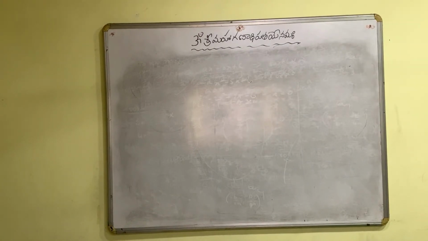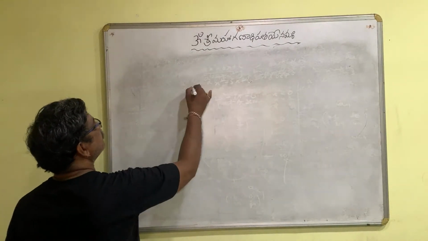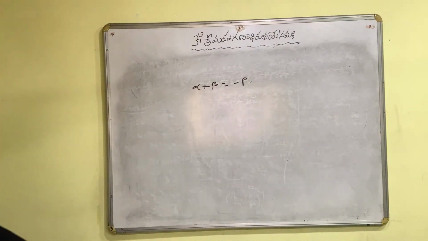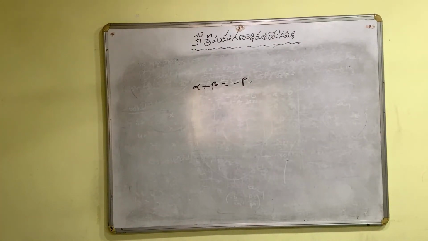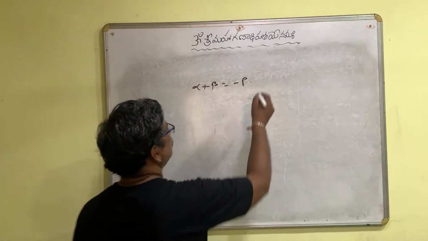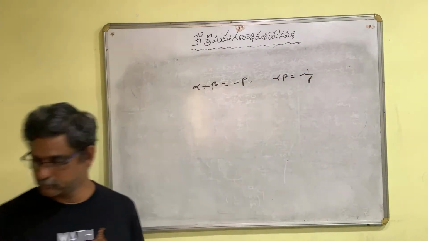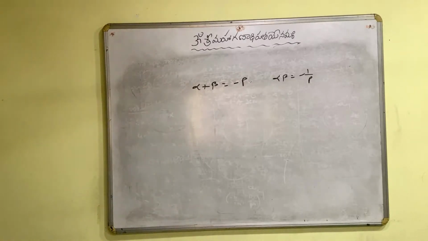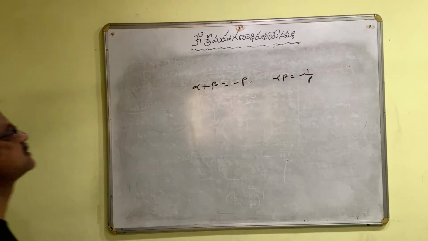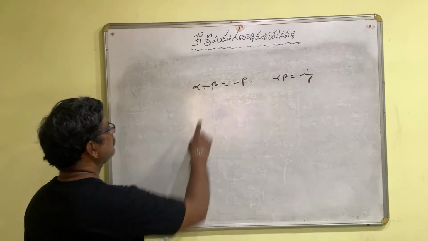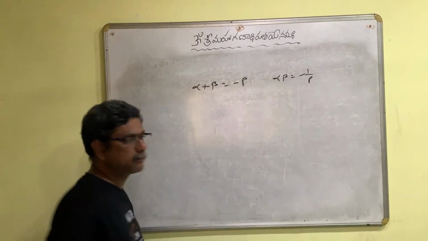If the sum of roots alpha plus beta is minus p, and the product of roots alpha beta is minus 1 by p, then the quadratic polynomial is: sum of zeros minus p, product of zeros minus 1 by p.